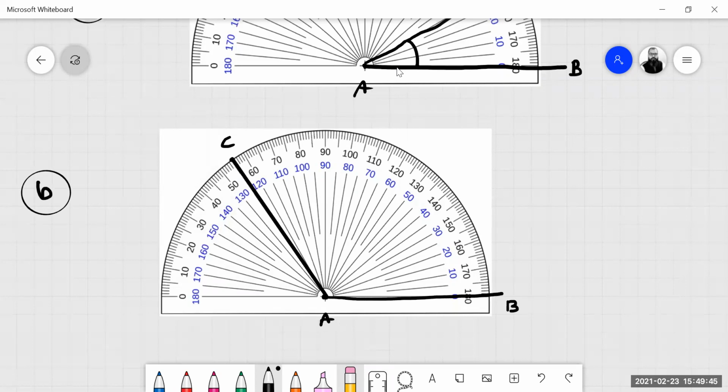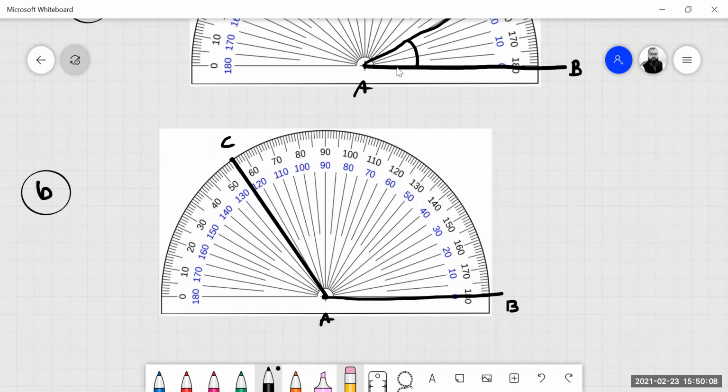B is the starting point. It's between 60 and 50, and I didn't see the number. 125, also 90 will be an obtuse angle. 10, 20, 30, 40, 125.